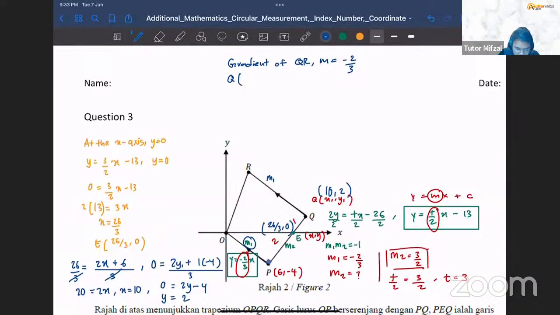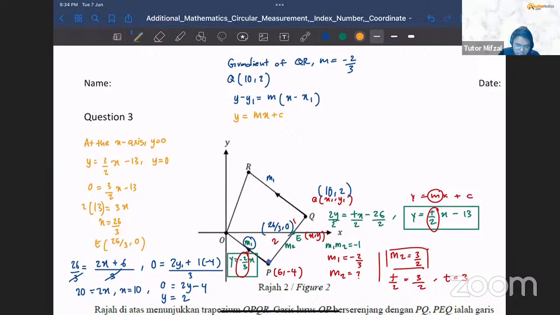And you know what's the coordinate of Q already, which is just (10, 2). So you can find the equation of straight line by using y minus y1 equivalent to m(x minus x1). So there's actually two equations for you to find the equation of straight line. Satu, you can use y equivalent to mx plus c.